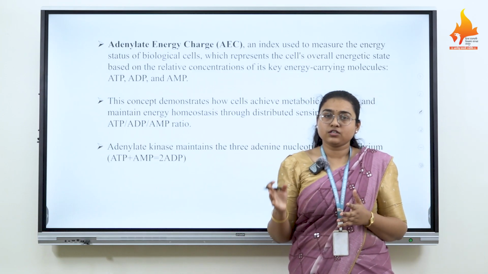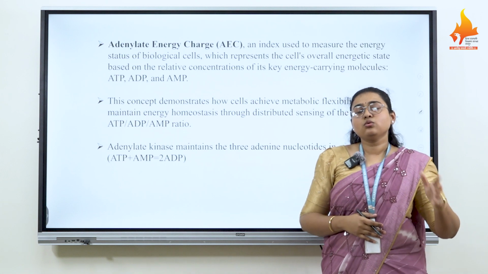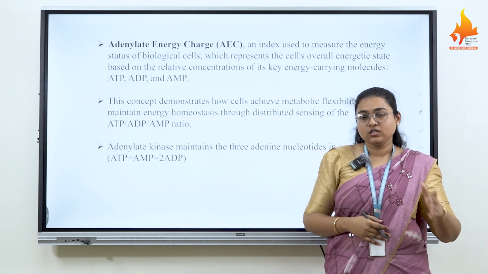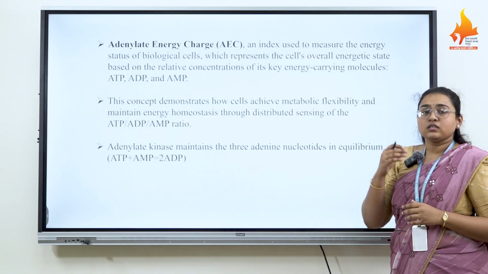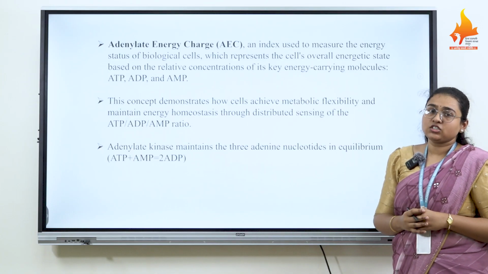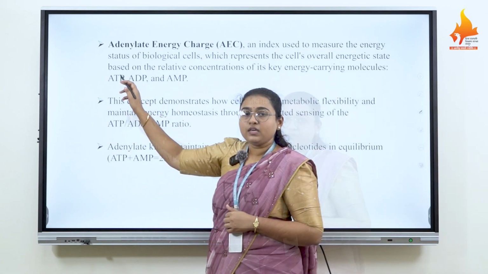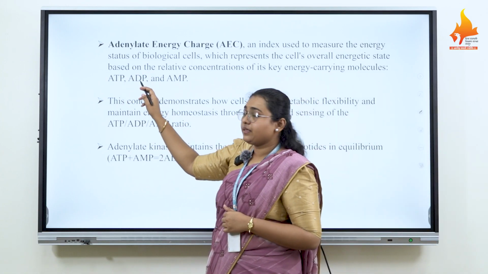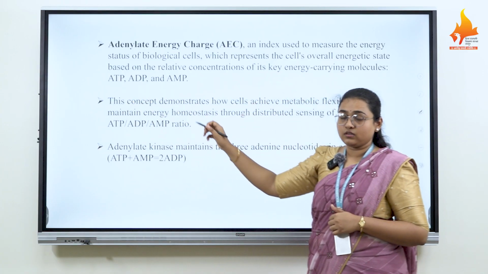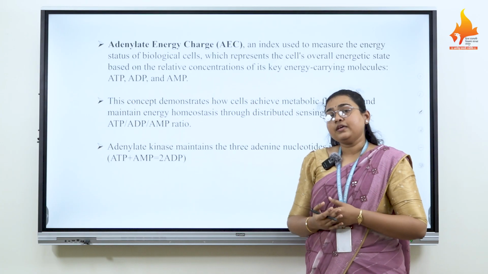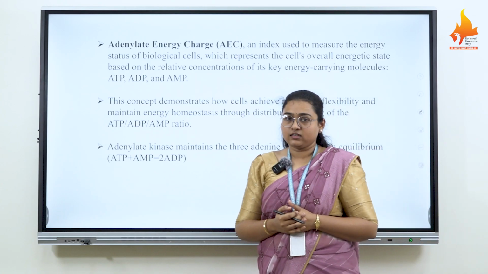If there is a sufficient amount of energy, the cell will survive, and if there is no energy of any kind, the cell will not survive. Scientists proved that this energy charge depends upon the relative concentration of ATP, adenosine triphosphate, ADP, adenosine diphosphate, and AMP, adenosine monophosphate. The concentration of ATP, ADP, and AMP maintains the energy equilibrium inside the cell.